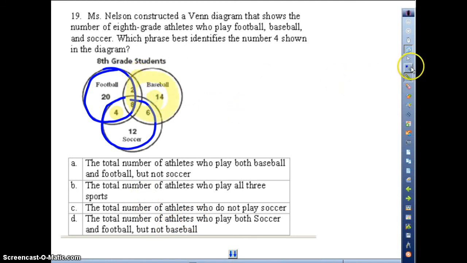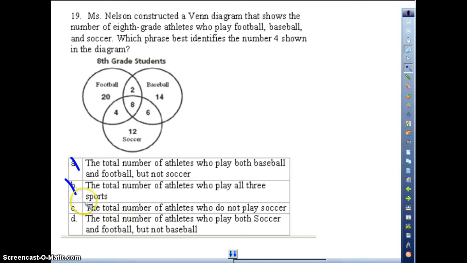A says the total number of athletes who play baseball and football, but not soccer. This guy, there's 4 people that play football and they play soccer, but not baseball. It's not this one. The total number of athletes that play all 3 sports? No. Total number of athletes that play all 3 sports is that one right there, the overlap of all 3 circles, so it's not this one.